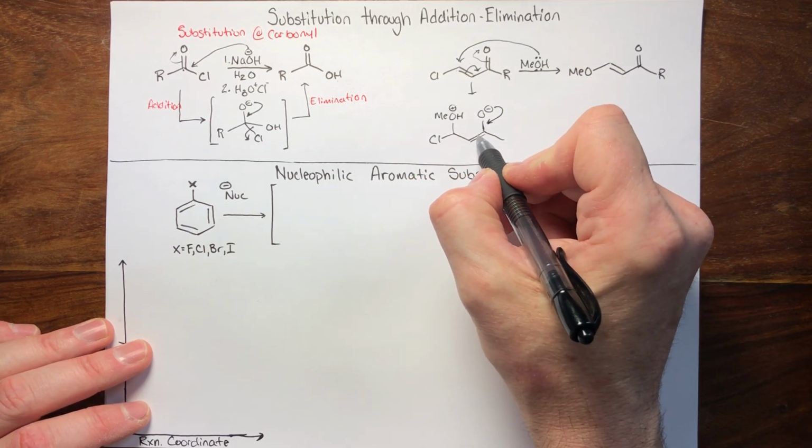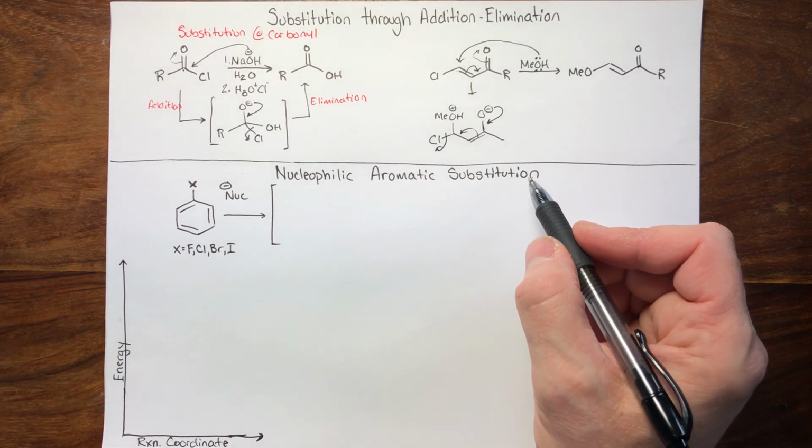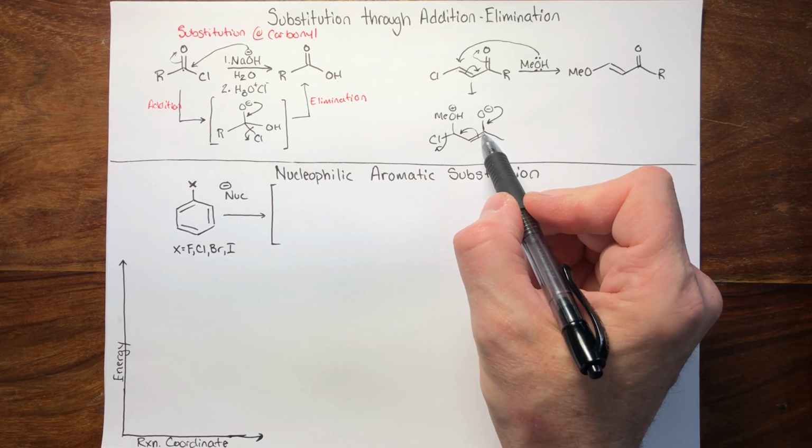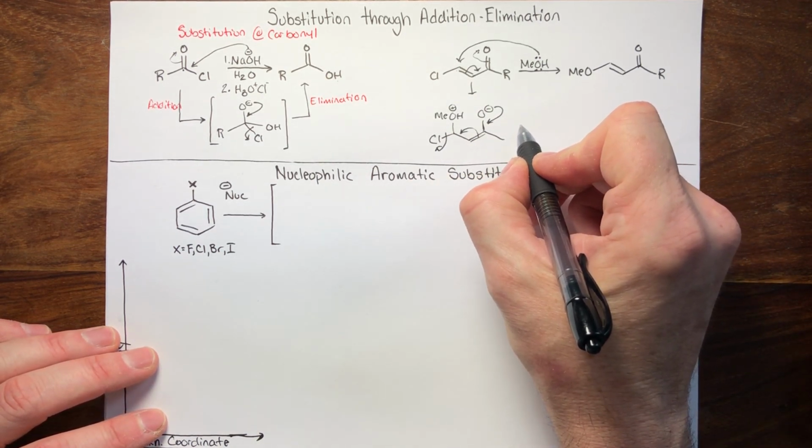And now, rather than protonating that enolate, because we have a beta leaving group, that enolate can reform the conjugated system and kick out the beta leaving group.